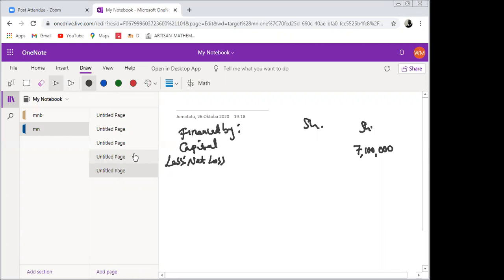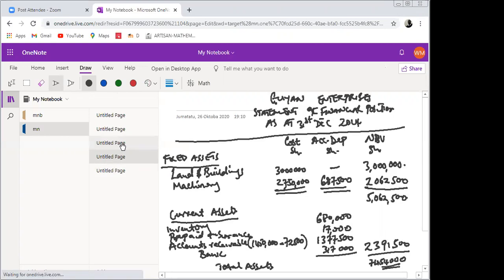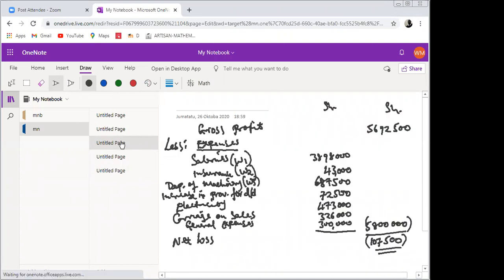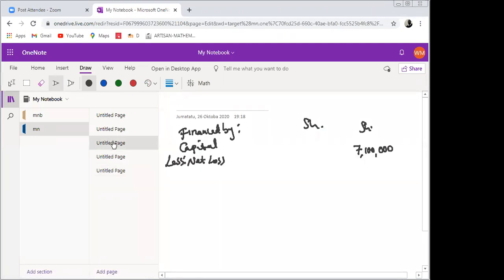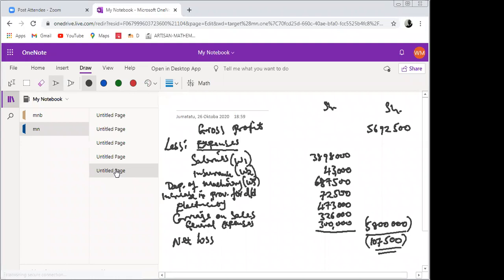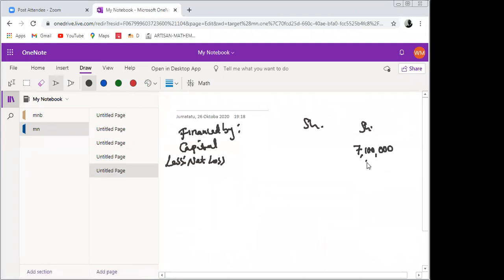The net loss that we got was of how much? The net loss was of 107,500. We normally subtract the net loss, but if it was net profit, we add. We less 107,500. Then we also less drawings. And drawings in this case, they were 524,500.